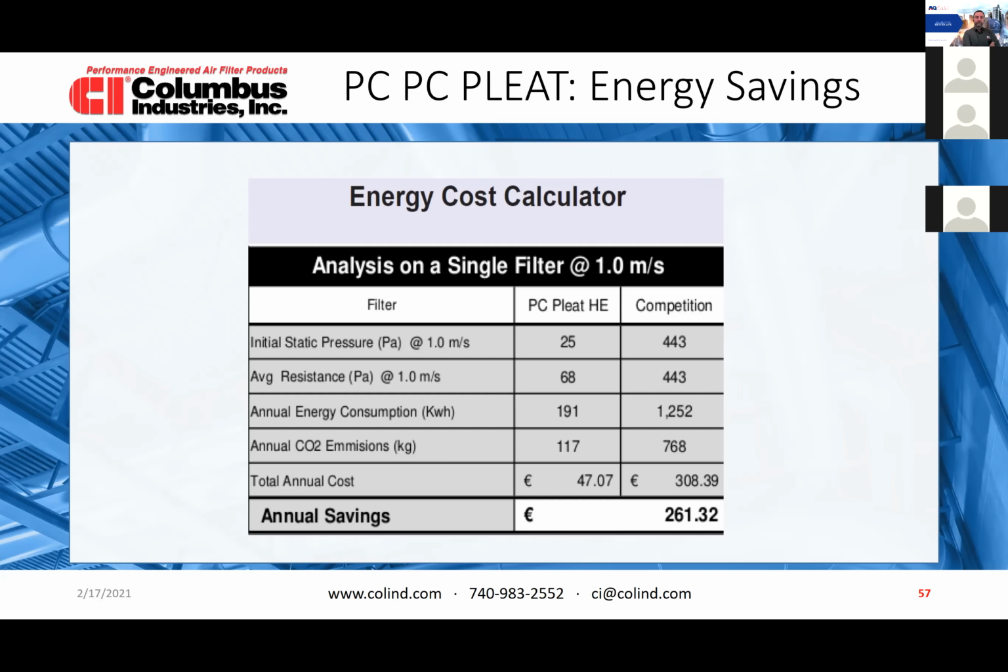And in this situation that we were looking at, it used to have this filter in it, and it saved them, for every opening in the factory, 261.32 euros or dollars. This formula is euros, but $261.